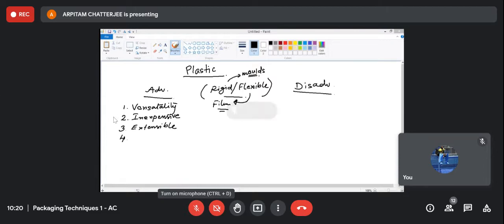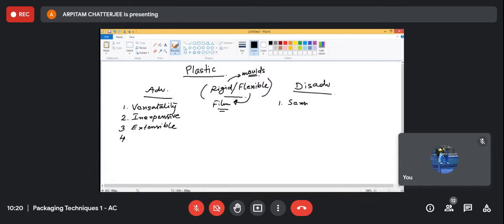So that is why plastic may be extensible, it can protect, but due to its sensitivity and reactiveness, it can also harm the product inside it. So I'm not very much agreed with your point. Rather, this sensitivity and reactivity you can put as one of the disadvantages.